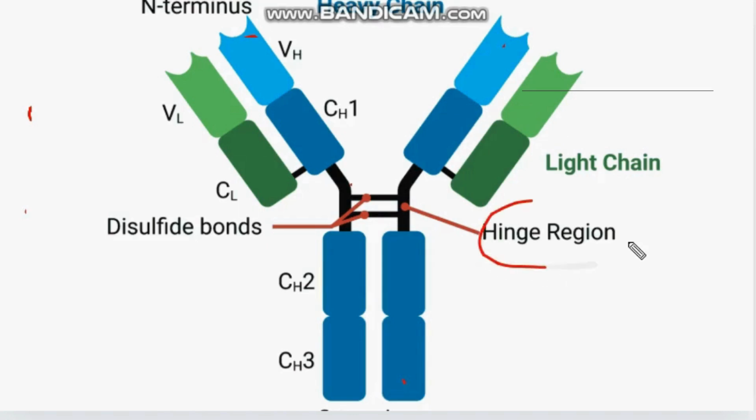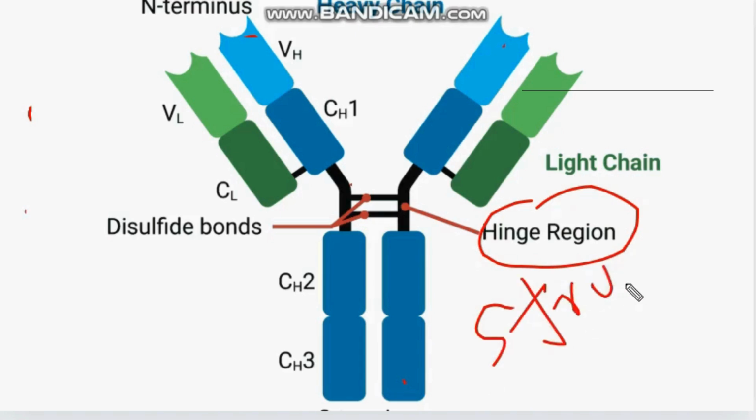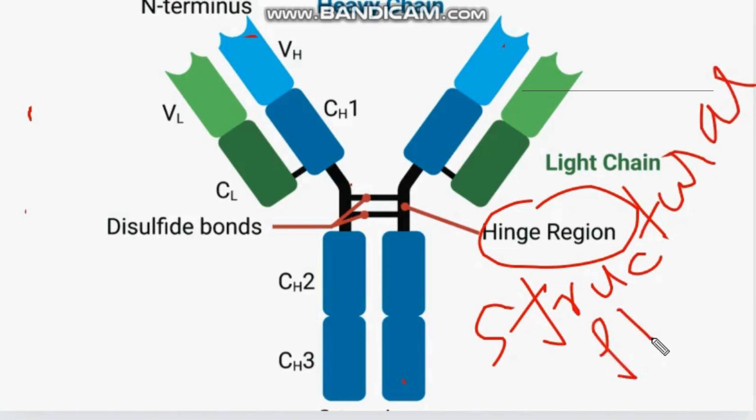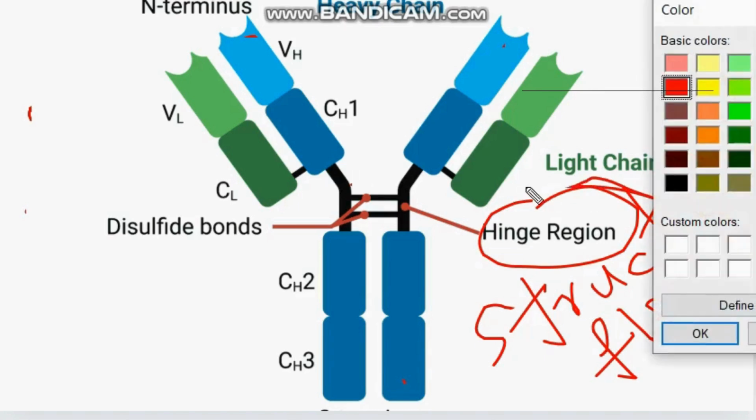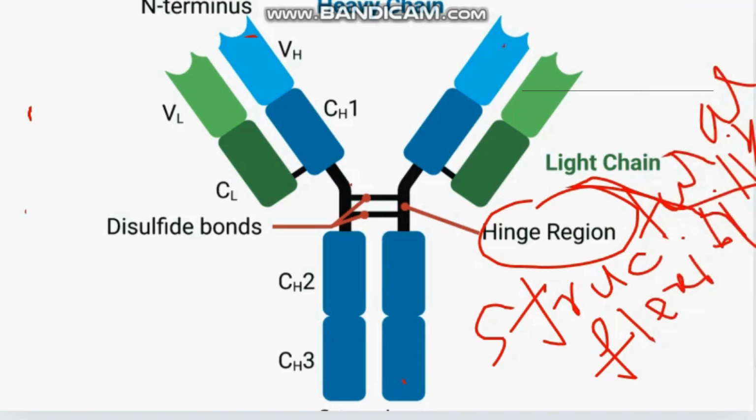It will provide structural flexibility for the antibody in order to move.